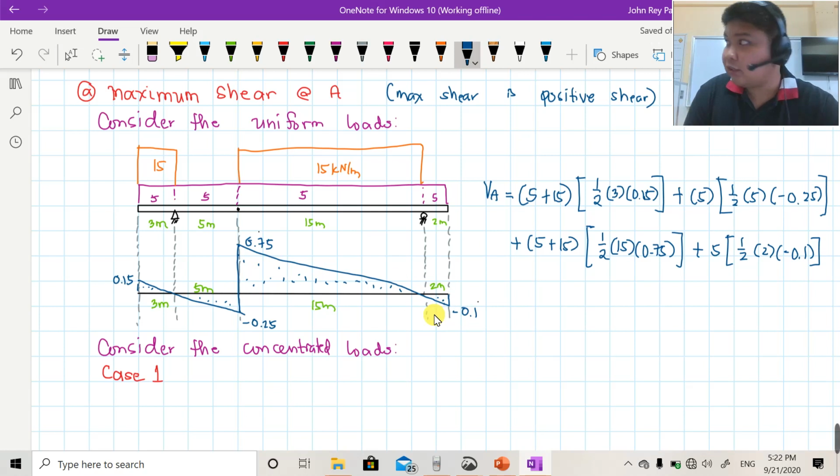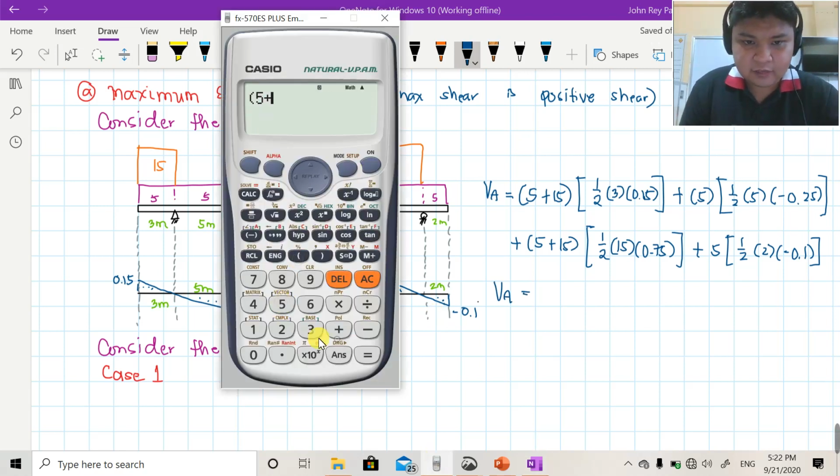So therefore, the value for the shear at A will be equal to, computein na lang natin siya mathematically. So 5 plus 15, 1/2 ng 3 times 0.15, plus 5, 1/2 ng 5 times negative 0.25. Tama ba?